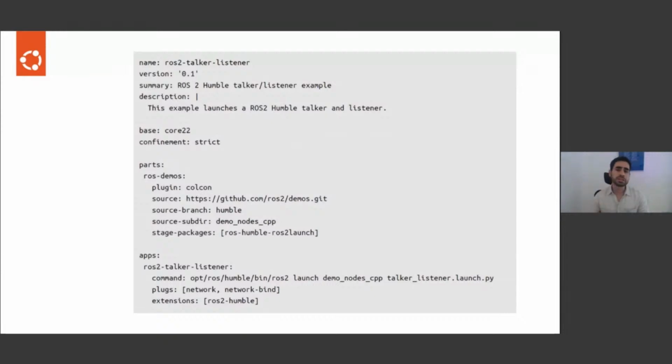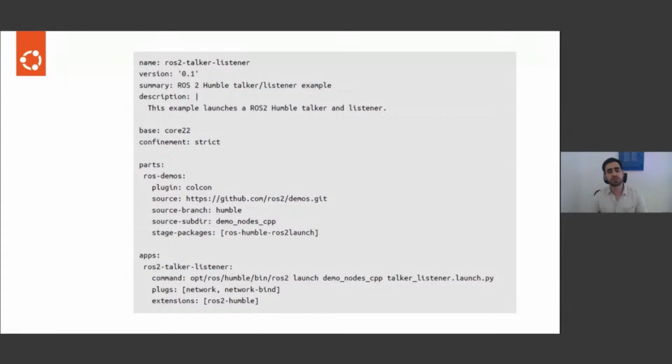The way that you use these interfaces is straightforward. When you're creating your snap, when you're packaging your application, you will need to complete a YAML file. This is an example of a YAML file for a robotics application, for a ROS application. As you can see there, we are using the ROS2 Humble extension that Canonical makes available to ease the deployment and runtime of ROS applications.